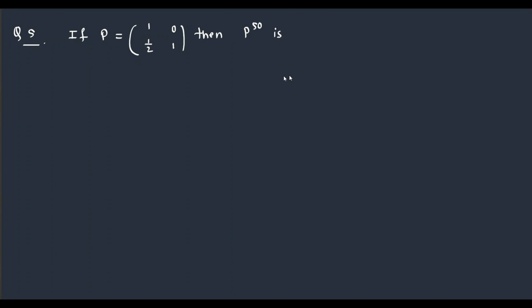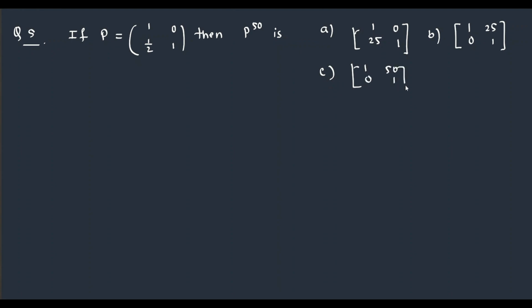The options are: option A, 1, 25, 0, 1. Option B, 1, 0, 25, 1. Option C, 1, 0, 51, 1. Option D, 1, 50, 0, 1.